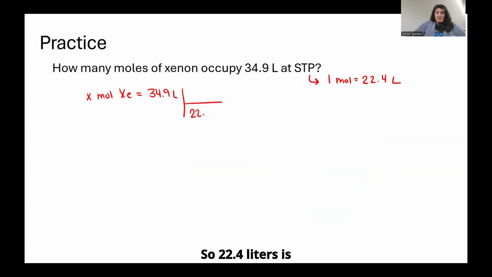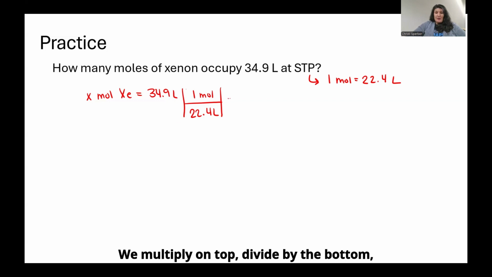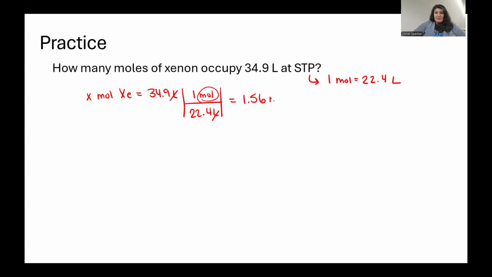We multiply on top, divide by the bottom. Our liters cancel out. We're left with moles. This is 1.56 moles of xenon. There's 1.56 moles of xenon in 34.9 liters at STP. You can only use that conversion at standard temperature and pressure.